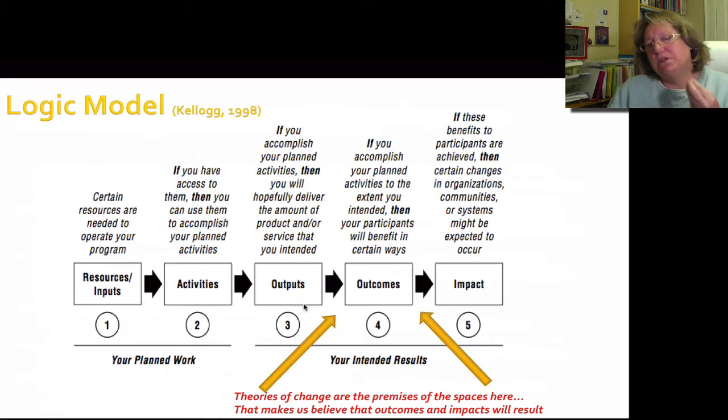So you would be drawing on some of those theories like positive youth development or adult education, that as people gain insights, then they will be able to make better choices. It's something about an empowerment model as well, that information leads to certain action.